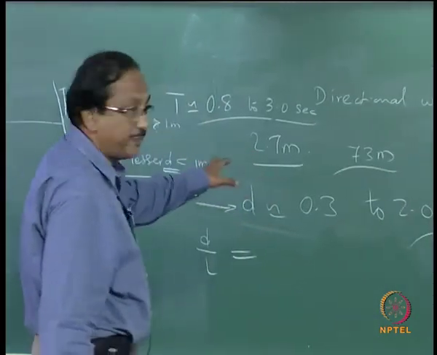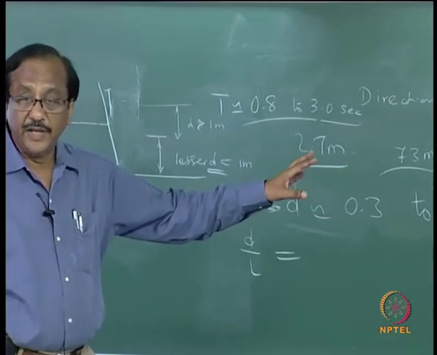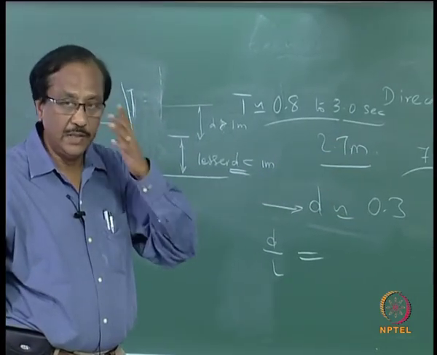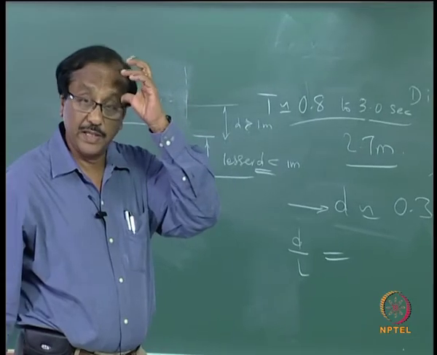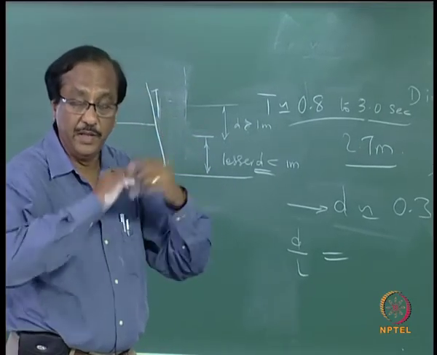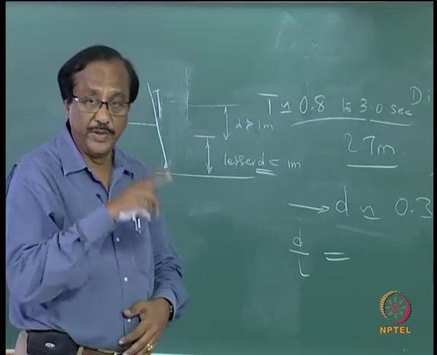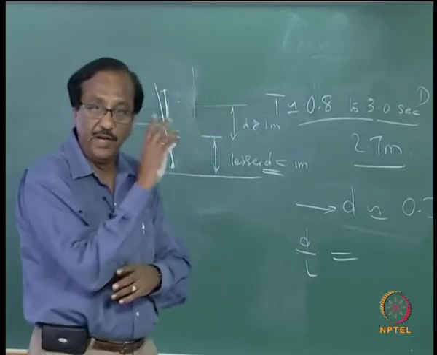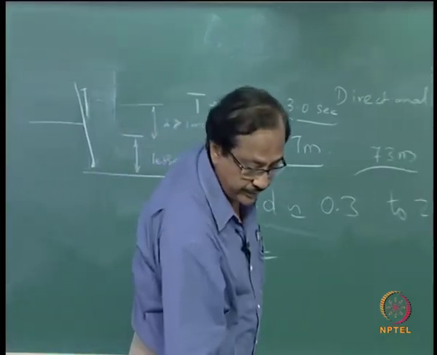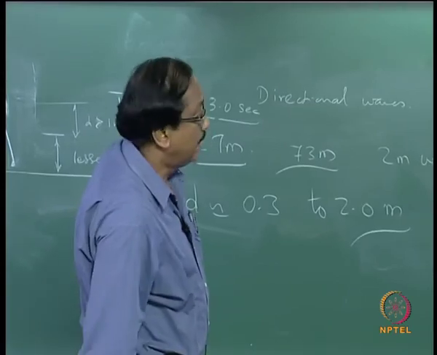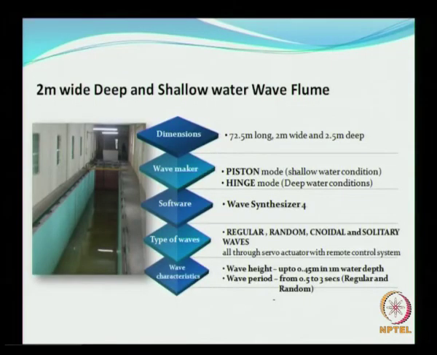Some of these aspects I had already discussed when I showed you Dalrymple's web page, where we looked at the orbital movements as well as the wavemaker theory. As I have indicated, the dimensions are given here.